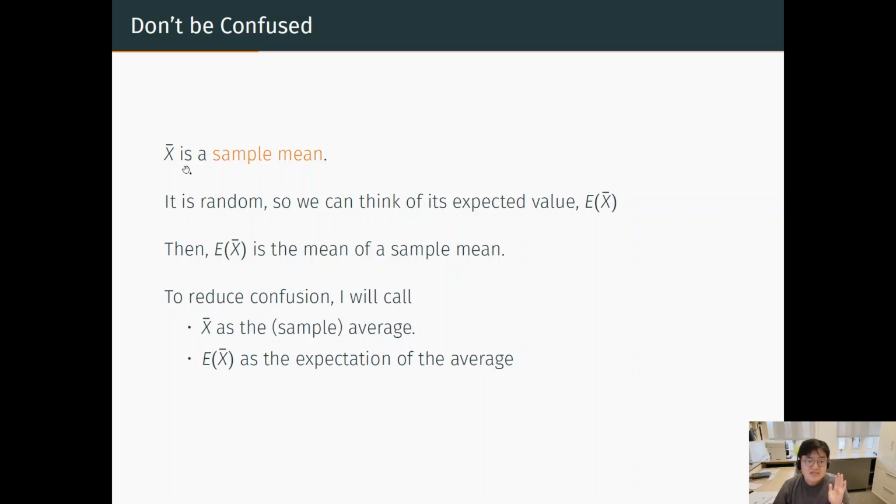The point here is X bar is calculated from the data. It is what you calculate, but it is still random, right? Just the computation method is mean. But when I say we are interested in its mean, then it is the theoretical mean.